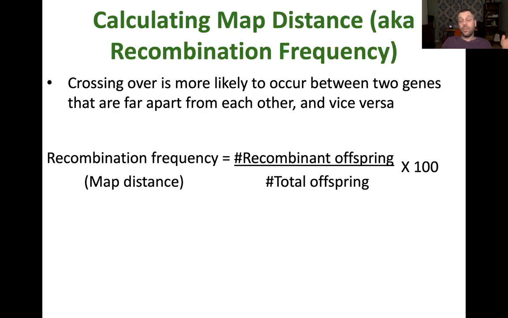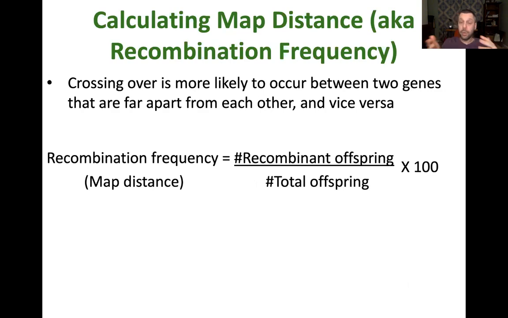Now, you can work out what is called the recombination frequency. It's also called the map distance. Those are equivalent terms. You do a whole bunch of crosses, count up the number of recombinant offspring, and work out the percentage of them versus the total offspring.